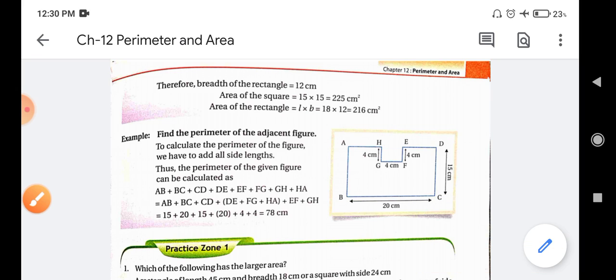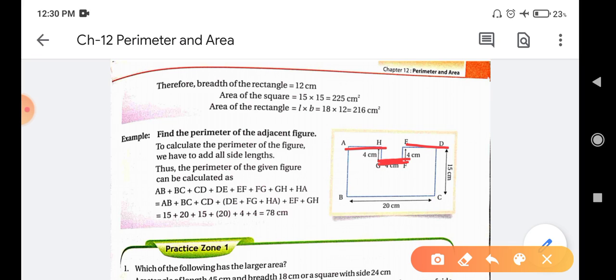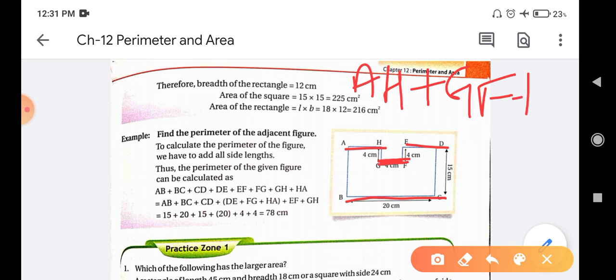In place of HE we are given GF, which are also equal. So AH plus GF plus ED will be equal to 20 centimeter because this is 20.